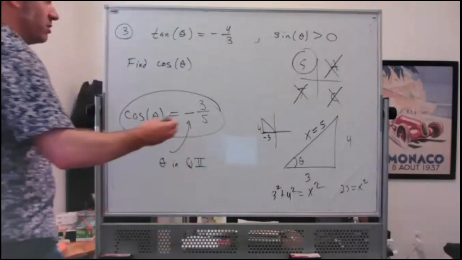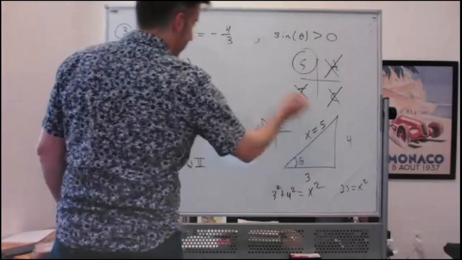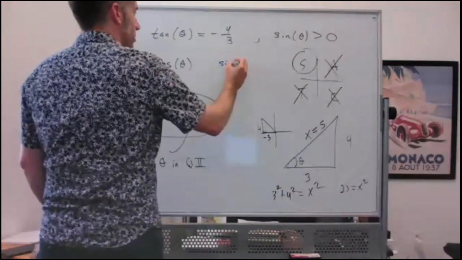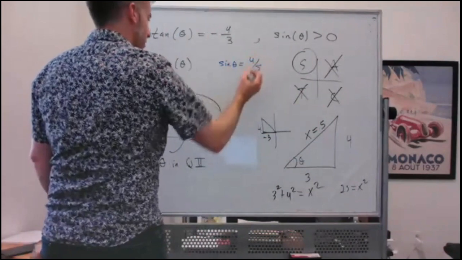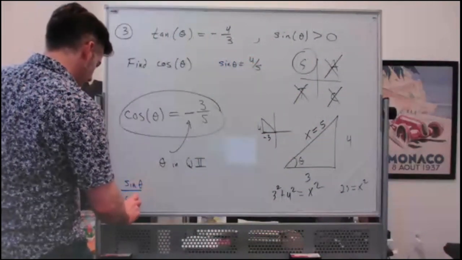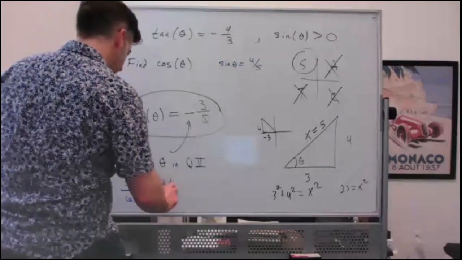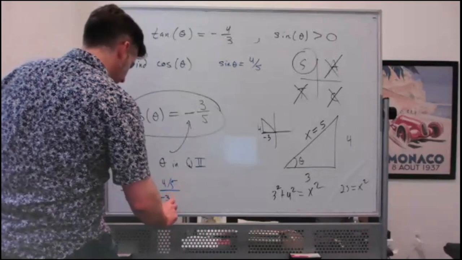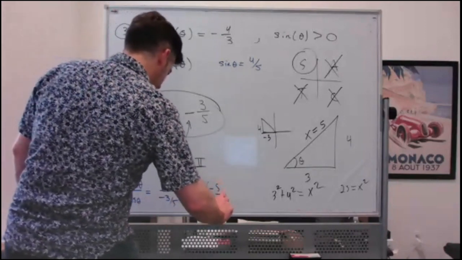If we do sine of theta, which we actually don't know, but if we find it, sine of theta should be positive 4/5, then sine of theta divided by cosine of theta should indeed be 4/5 divided by negative 3/5, which is 4/5 times negative 5/3.